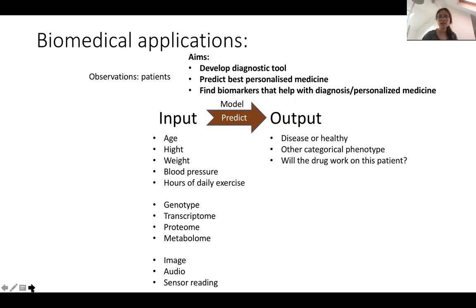It could also be a different type of categorical phenotype, like eye color. In the case of personalized medicine, we could try to identify which drug would work best on this patient.